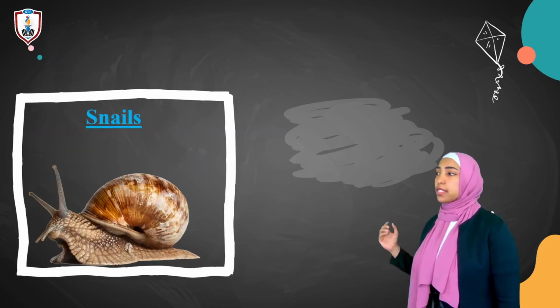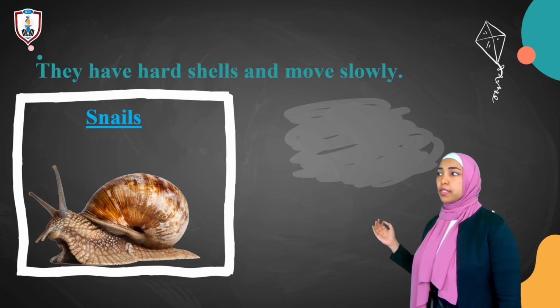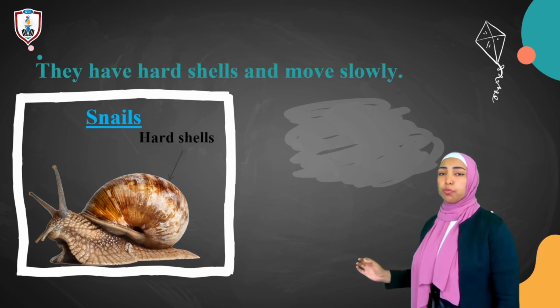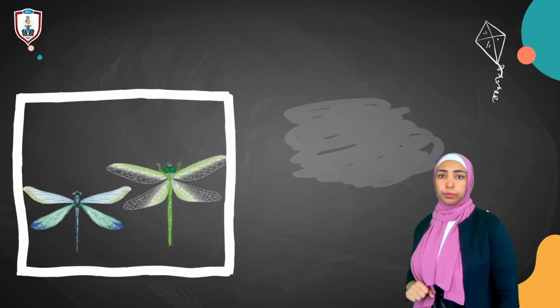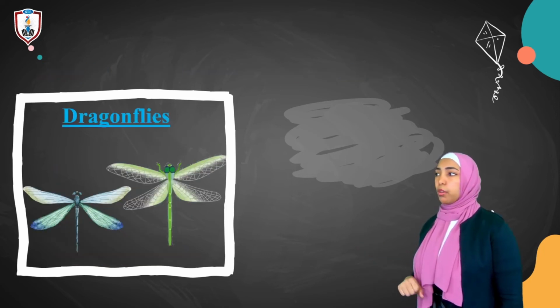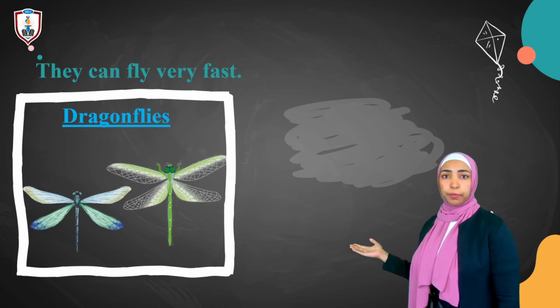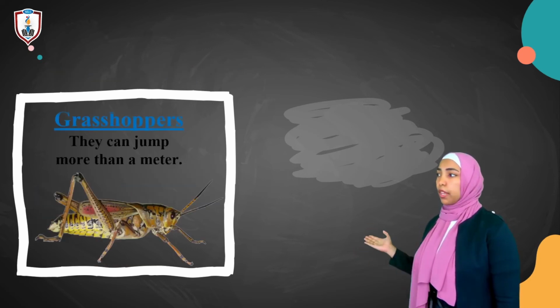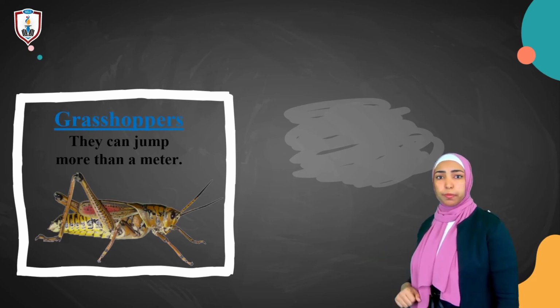And then we have the snails. Snails have a hard shell, this is the shell, and they move very slowly. And then we have the dragonflies. They can fly very fast. And then we have grasshoppers.